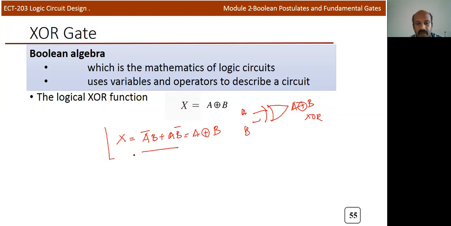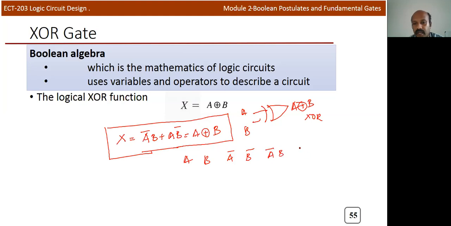So this is also very important, and we can prove this later, or you can try this as a homework. Just write the A B values, then find A bar, then find B bar, then write A bar into B, another table A B bar, then finally find A bar B plus A B bar, and verify the two tables with A XOR B. So you can see that both are same.